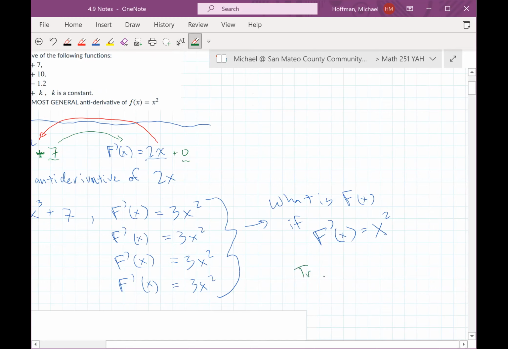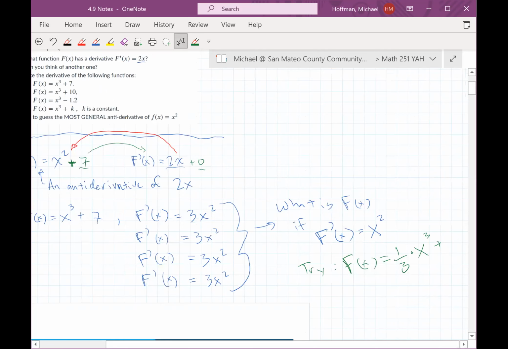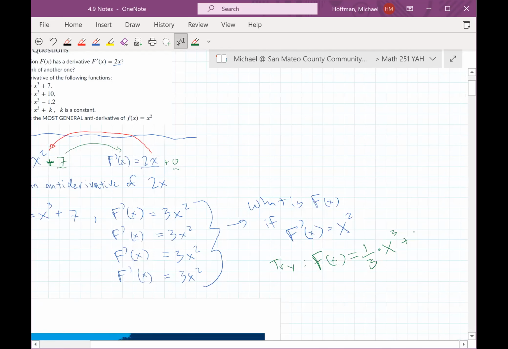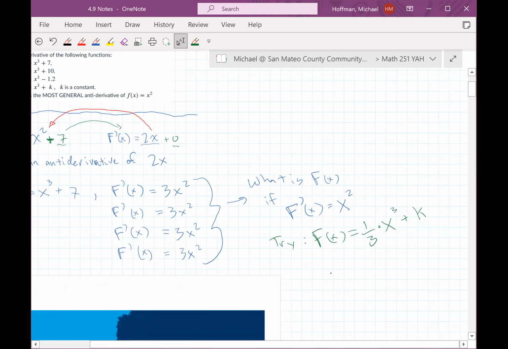Let's try capital F of x, and instead of multiplying by 3, let's divide by 3, plus any constant k. Let's see what happens. F prime of x is equal to, the 3 comes down, cancels that 1/3. Isn't this going to be 1/3 times 3x squared plus 0? And these things will cancel out. We just get x squared, okay?